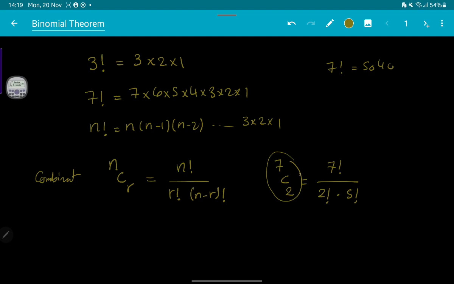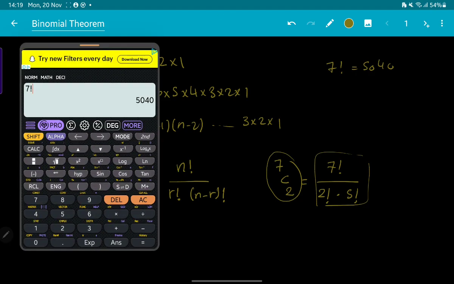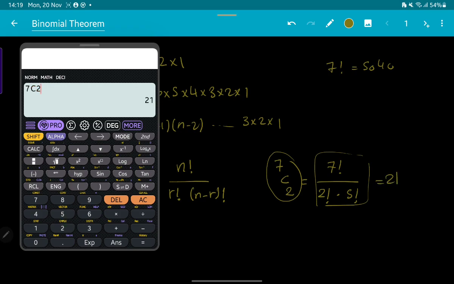Also, you can do this by the calculator without this step. You can do this by the calculator, and this C here is the division, so we can write 7 factorial, shift, divide, 2 and the answer is 21.